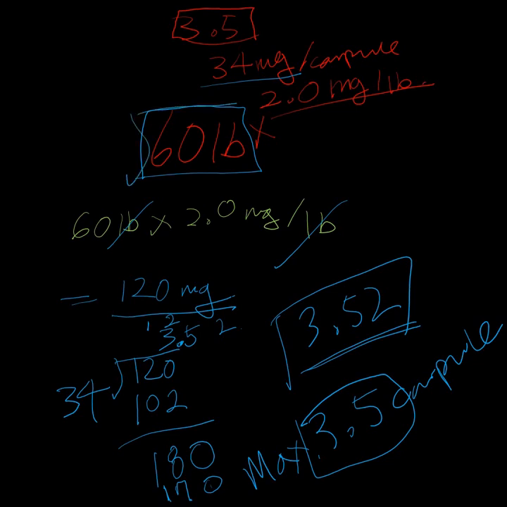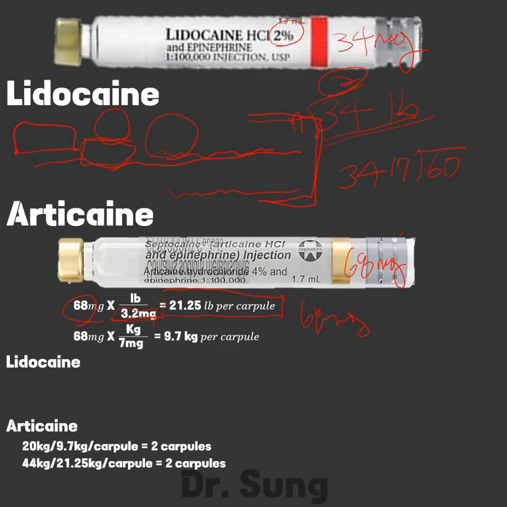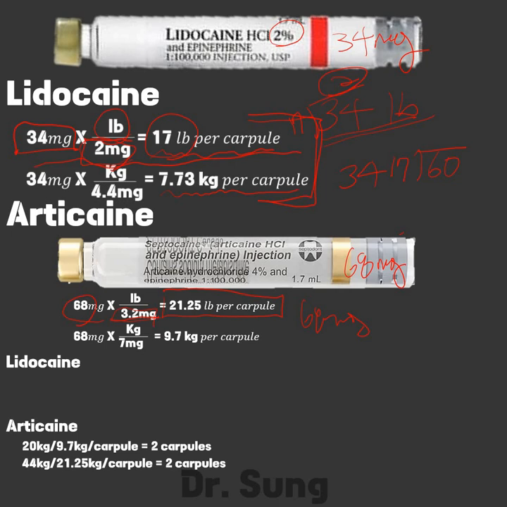If you go through the way that I just taught you, just divide by 17, then right away you get the answers. It is just skipping all these procedures, but you need to memorize additional numbers, which are 17, 7.763 kilogram, and 21.25 pounds, and 9.7 kilogram per carpule.